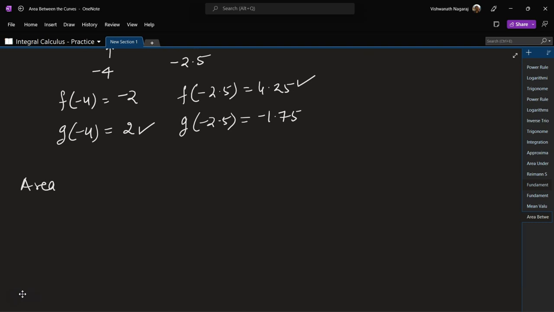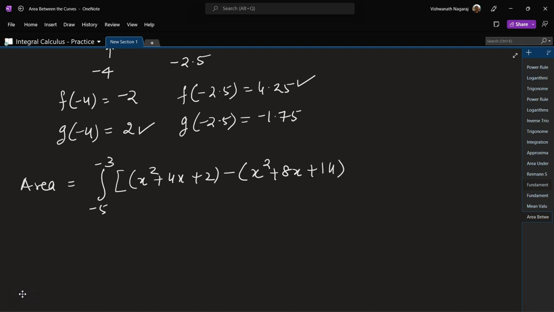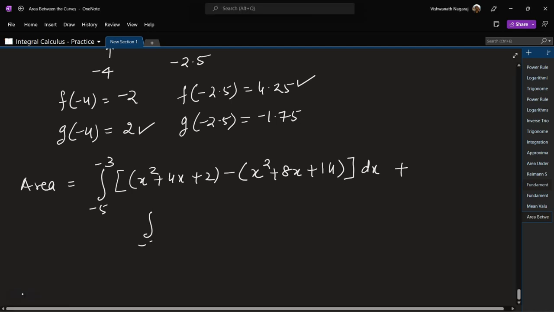So area would be equal to integral minus 5 to minus 3 of x square plus 4x plus 2 minus x square plus 8x plus 14 dx, plus integral minus 3 to minus 2 of f is higher.